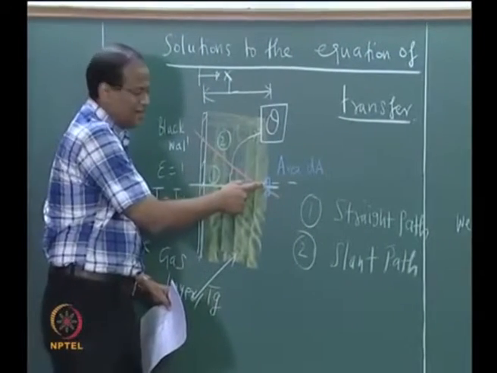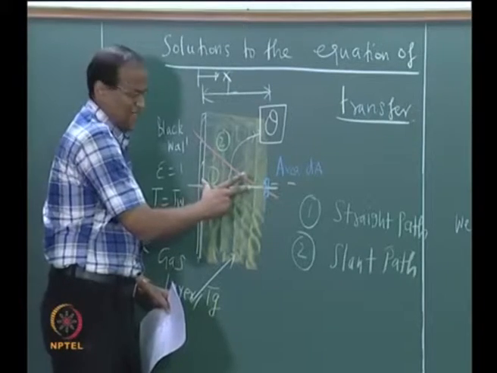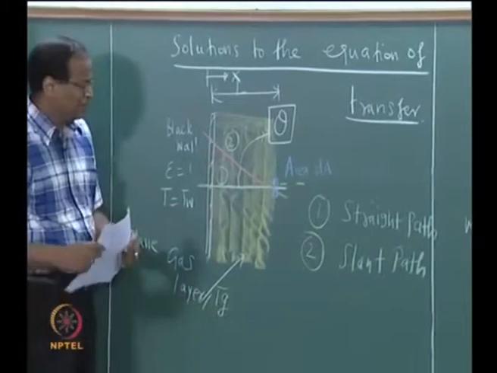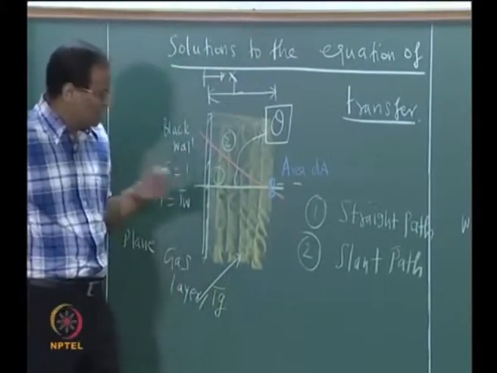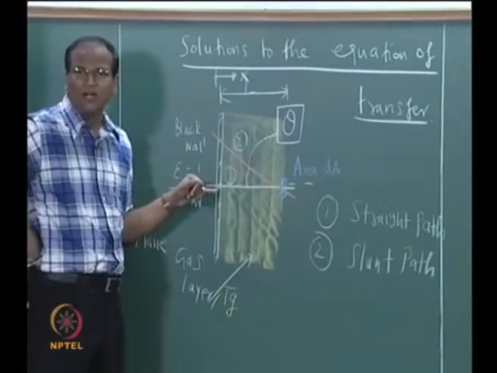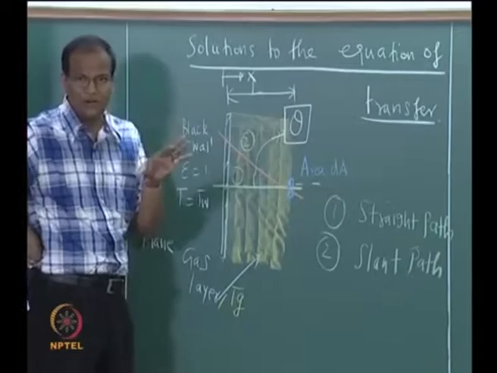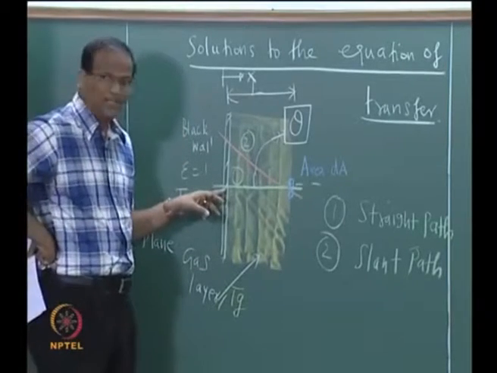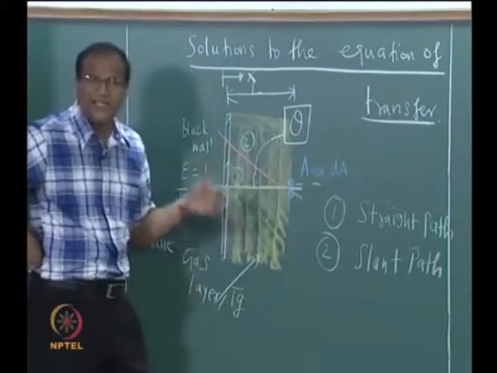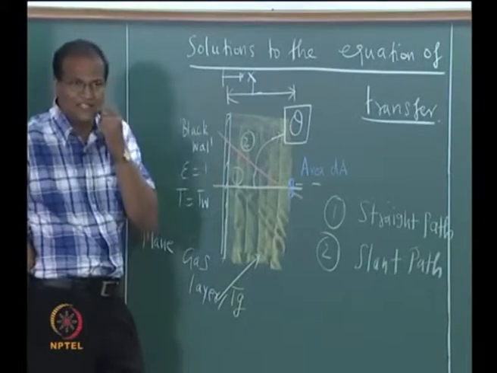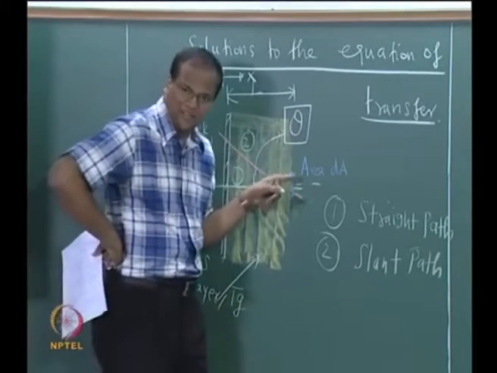Now we have to find out the radiation arriving at an element dA, which is located at a distance L, where the gas layer thickness is L. Therefore the radiation arriving at A consists of two components. One is the radiation from the wall, which is sigma Tw to the power of 4 by pi, that is the I. Q will be sigma Tw to the power of 4, I will be sigma Tw to the power of 4 by pi, which is going through the gas and gets attenuated, that means its strength is reduced because the gas is absorbing or participating in the radiation, and it is arriving here.